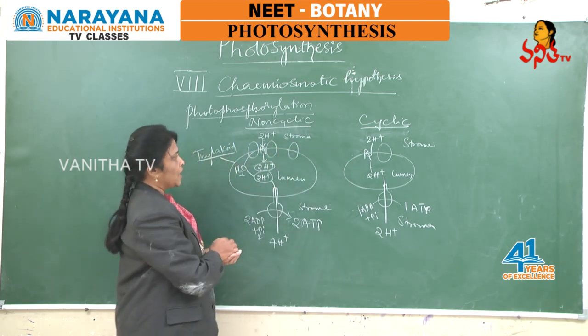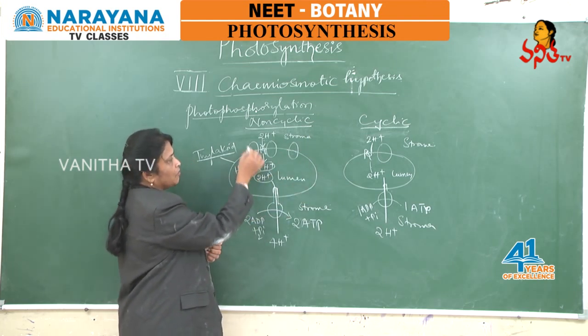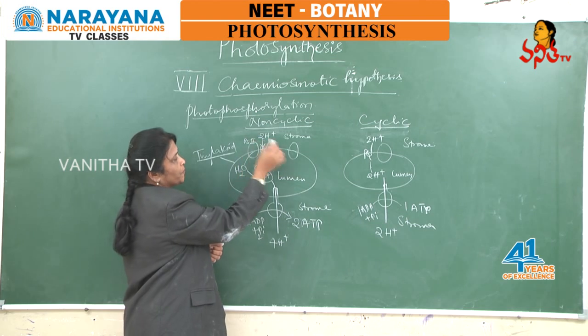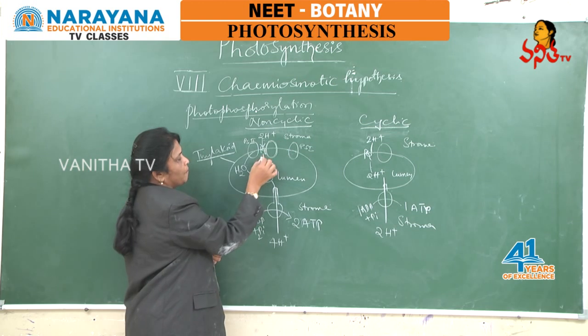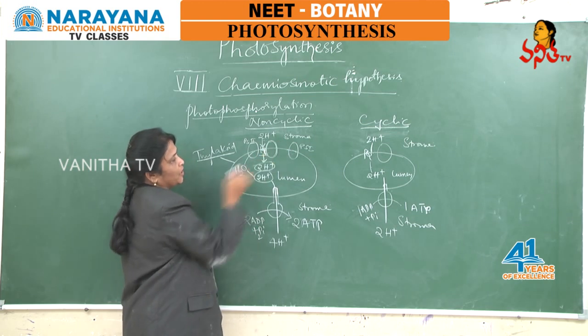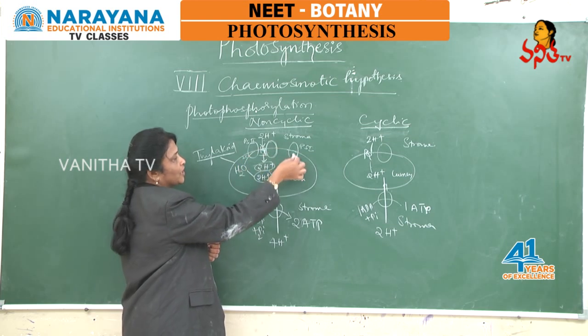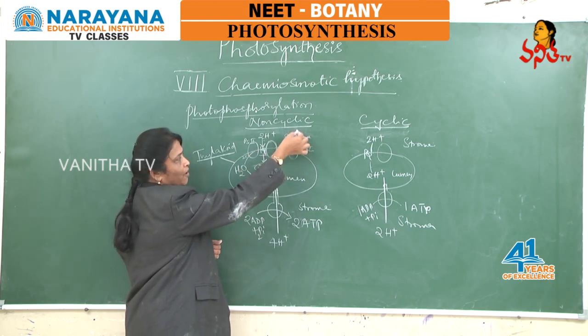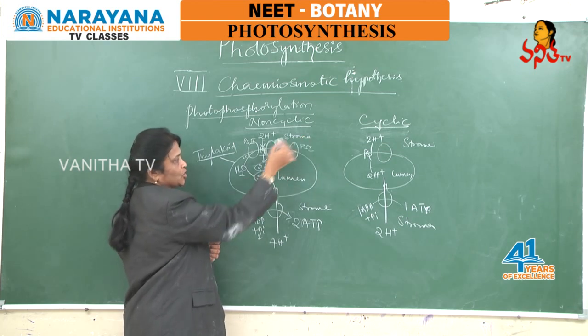In the non-cyclic electron transport mechanism, we observe the involvement of PS2 as well as PS1, and of course the cytochrome complex including plastoquinone. A pair of electrons from the water molecule involved in non-cyclic electron transport are finally added to stroma and utilized for the reduction of NADP plus to NADPH.